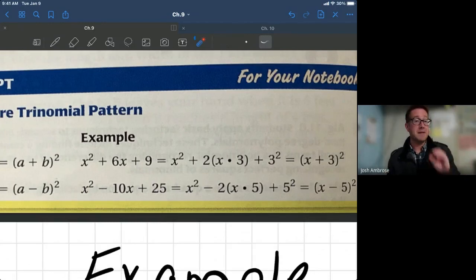Again, if it's a perfect square binomial, first term is perfect, second term is perfect, and it must be subtraction. If we're looking at a trinomial, first term is perfect, third term is perfect, and the second sign has to be a plus sign.